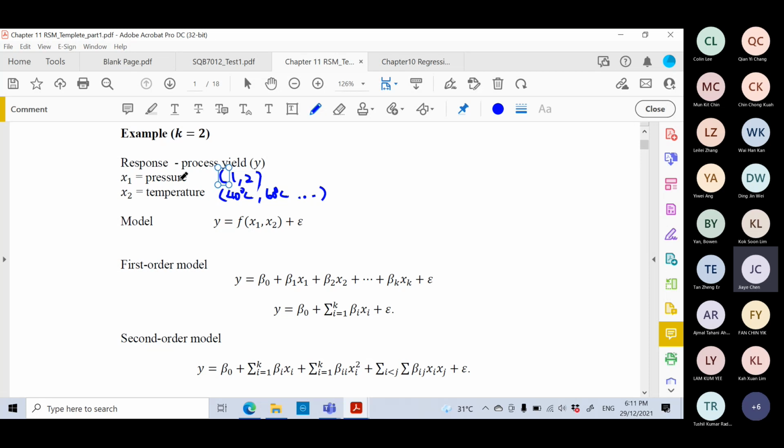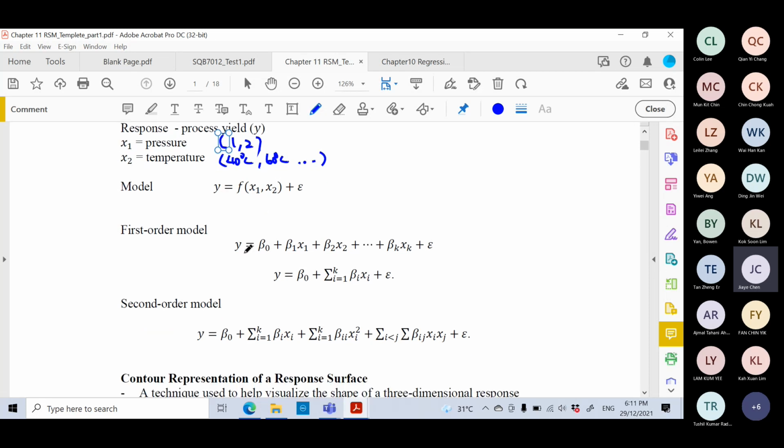Okay, since you study 2 factors here, we can also go to the second order model. The second order full model, and by full model I mean that I include all the terms here. But sometimes certain terms are not significant, and we will drop those terms. Similarly for the second order model, we consist of beta naught, beta i xi, and then we also can have a quadratic term here, and then the interaction terms here.